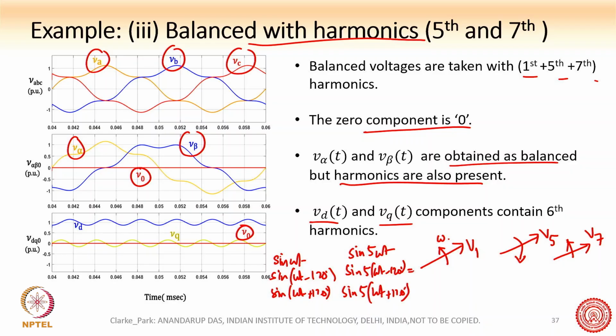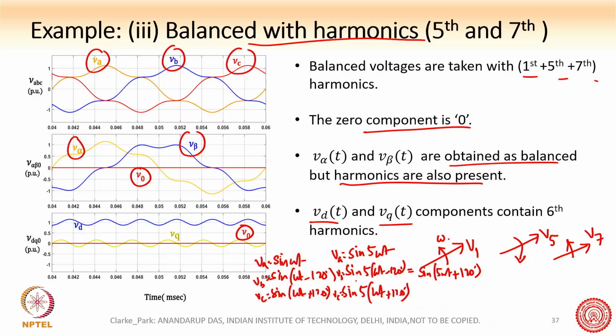So this value will be sine 5 omega t minus 600 degree, which is equal to plus 120 degree. Okay, so this is VA, VB, VC, and here also VA, VB, VC.